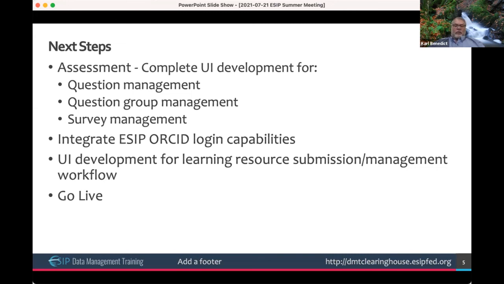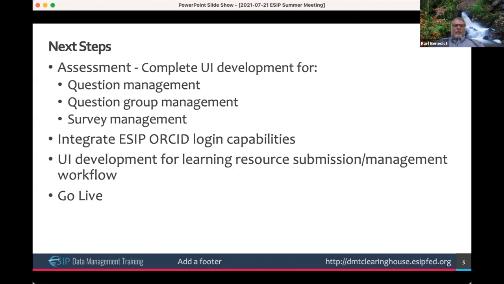I also briefly mentioned the authentication option for bringing in the ORCID login capabilities, which can provide some connectivity to public profiles, helping to automatically answer some of the questions about context for some survey responses if we have authenticated users with associated profiles. There's also the development of the user interface for the learning resource submission and workflow for publication.